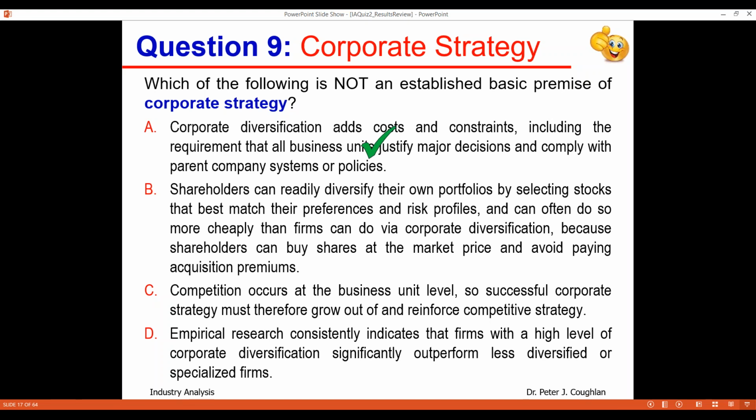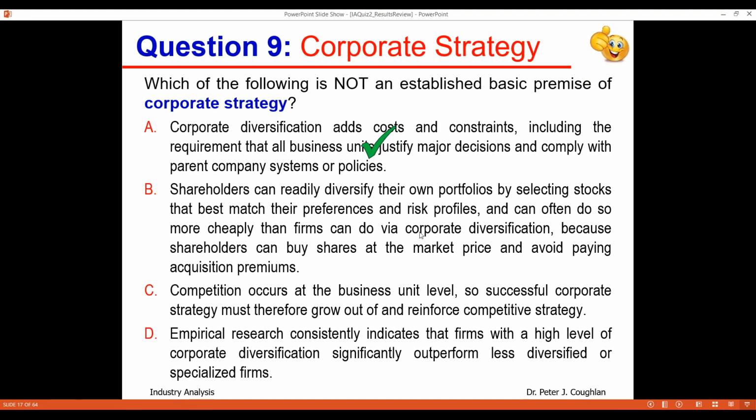B, shareholders can readily diversify their own portfolios by selecting stocks that best match their preferences and risk profiles, and can often do so more cheaply than firms can via corporate diversification, because shareholders can buy shares at the market price and avoid paying acquisition premiums. Again, if your corporate strategy logic is only about diversifying your portfolio for the shareholders' benefit, that's a little bit questionable. Why?